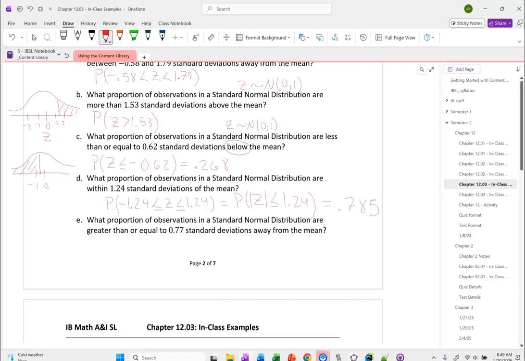Correct. Because again, the picture you're drawing here is like that, right?